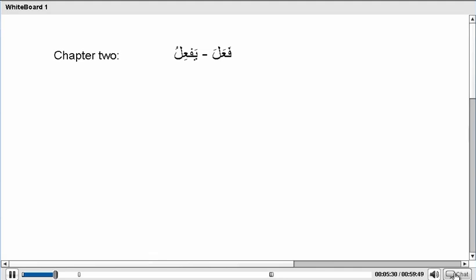Now, chapter 2 is a principle followed in how many types of verbs? 4. Number 1, there we said in chapter 1, whenever the ain is a waw.